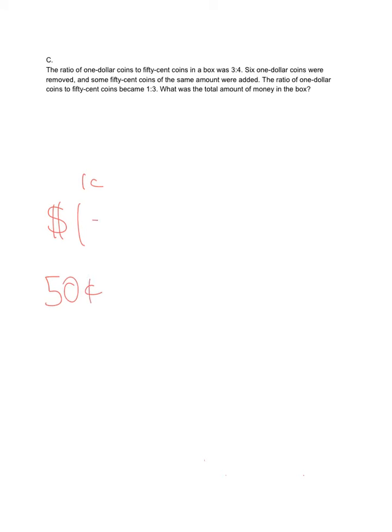And now I'm going to go ahead and put in my model. So here I have my 3 to 4. Okay. So I have my ratio drawn out as a unit bar. So 3 units to 4 units. Now I'm also noticing here I have $1 being one coin. In order to get to $1, I will need 2 coins. Now I'm just drawing that out so I don't forget later on.